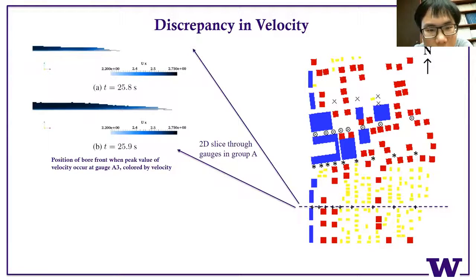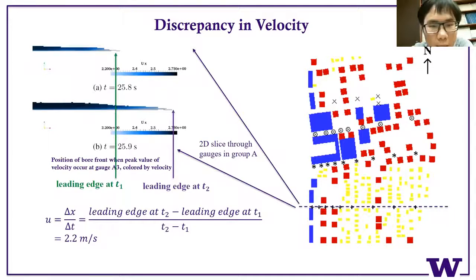Again, using a similar idea, we can get the location of the leading edge at T1 and the location of the leading edge at T2. If we estimate the peak velocity by doing the same algebra, we actually get exactly the same result, which is 2.2 meters per second. So if we do this, the numerical prediction actually agrees quite well with the experimental measurement in terms of the peak value.